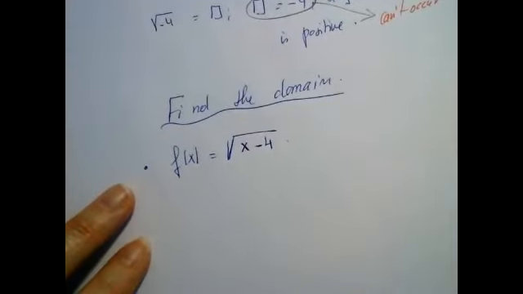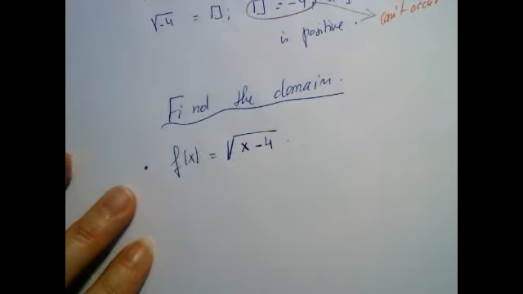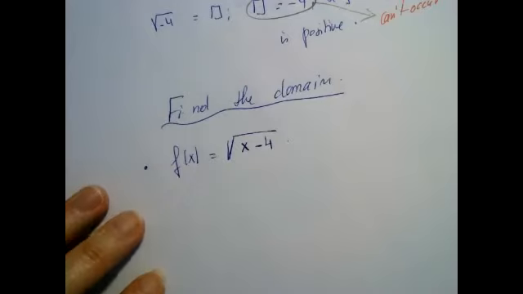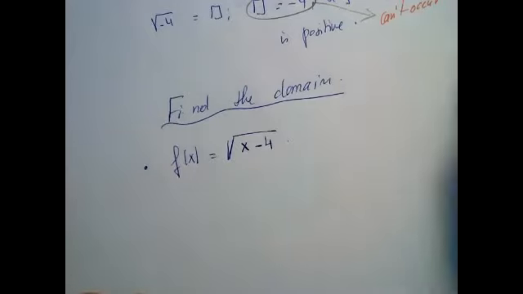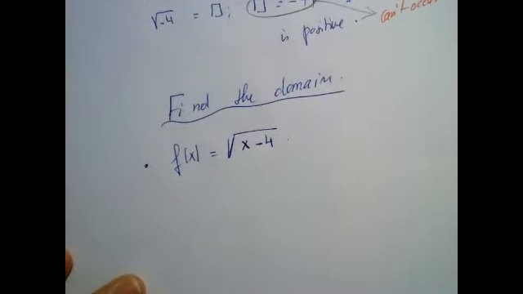The first thing I did was get it out of the square root, so I squared it. That gave me x minus 4 is equal to 0. Why did you square it? You're almost on the right track, but there is one thing that bothers me. I don't need to square it.